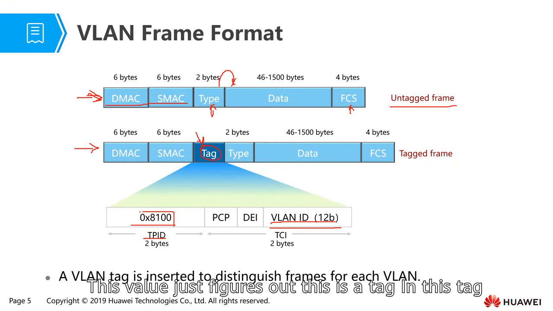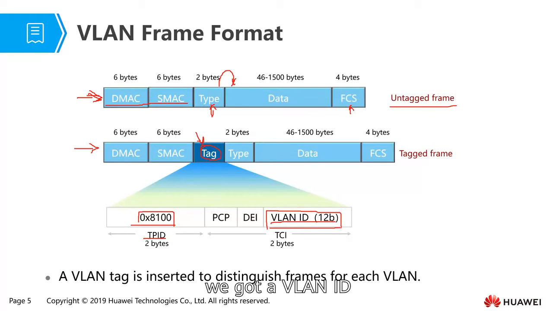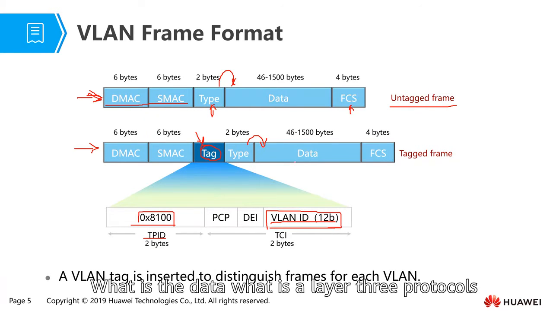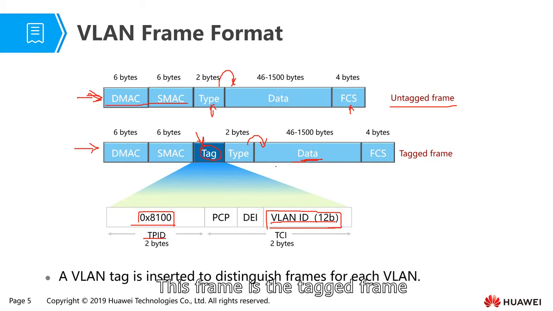This value just identifies that this is a tag. In this tag, we have a VLAN ID, which identifies which VLAN this frame belongs to. Of course, there is still a type to identify the data, the layer 3 protocol. And this frame is the tagged frame.